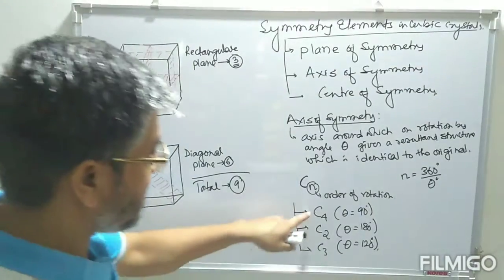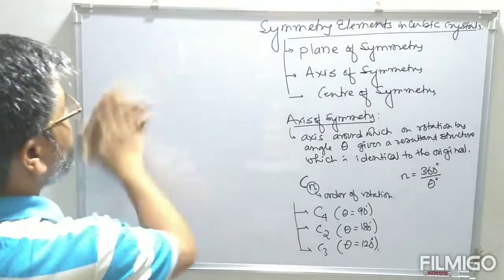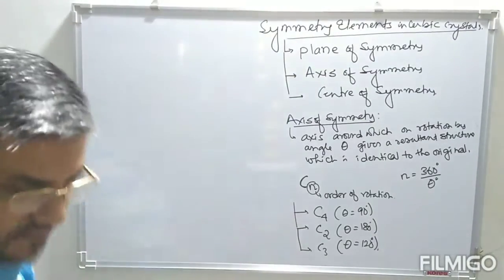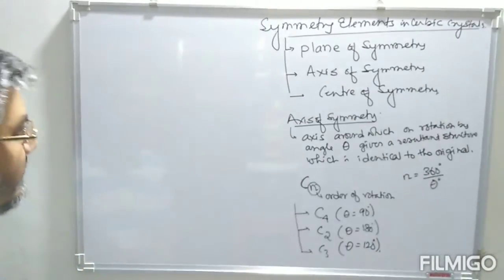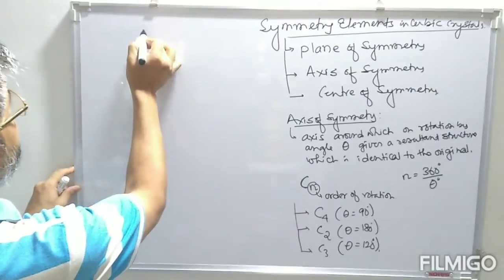Now let's define how many C4, C2 and C3 axes are present in a cubic crystal. Let's consider again a cube.